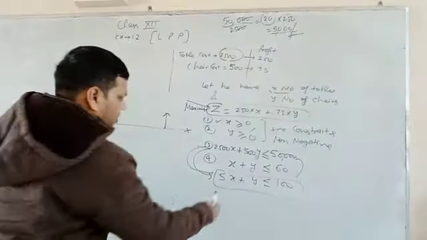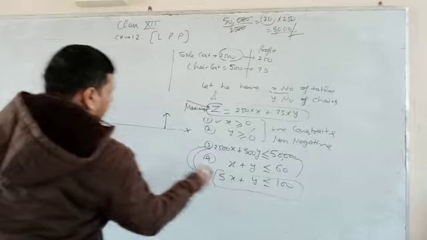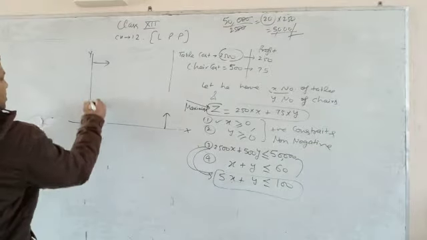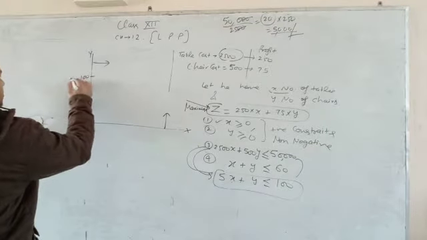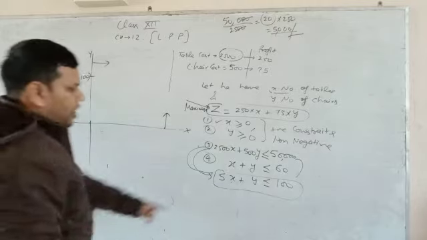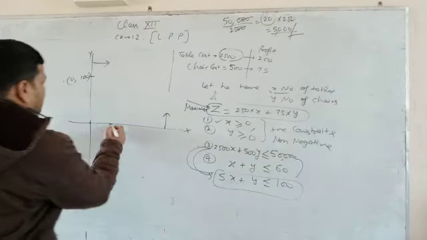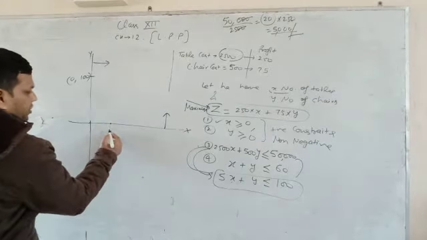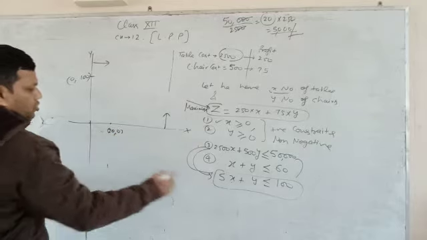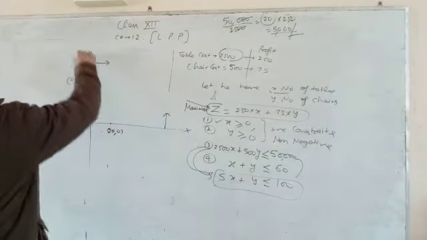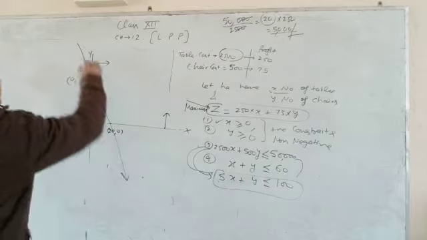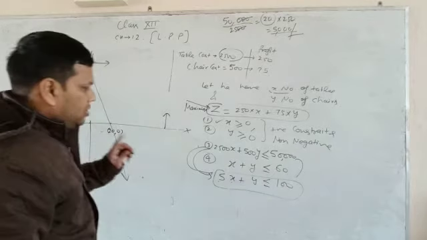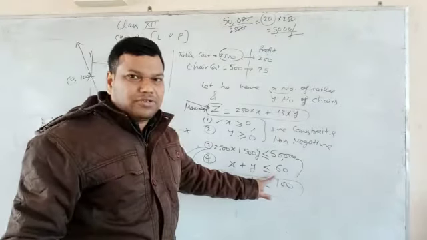So the graph will be: if x is 0, y will be 100, so you have the point 0, 100, and if y is 0, then x is 20. These are the points. Now x plus y is less than or equal to 60.